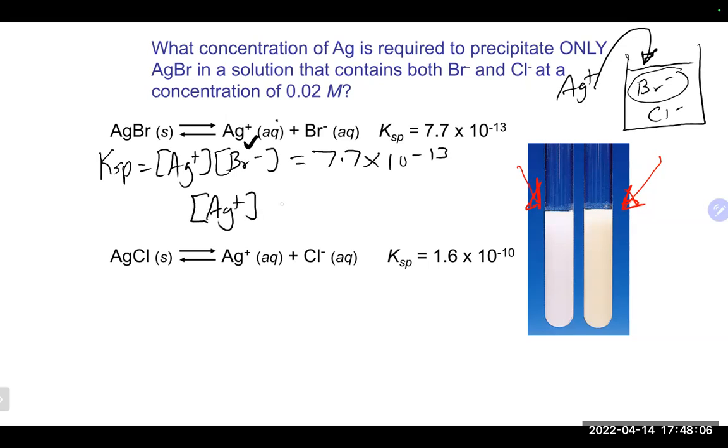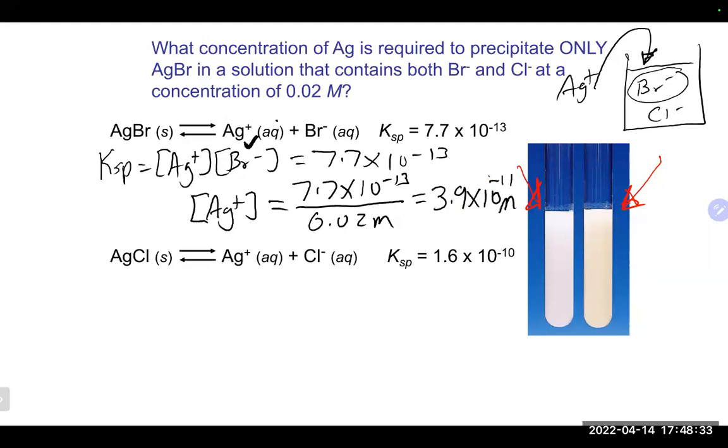If we solve for the silver concentration, we get 7.7 times 10 to the minus 13 divided by the 0.02 molar. And if we do that, we get something like 3.9 times 10 to the minus 11 molar.